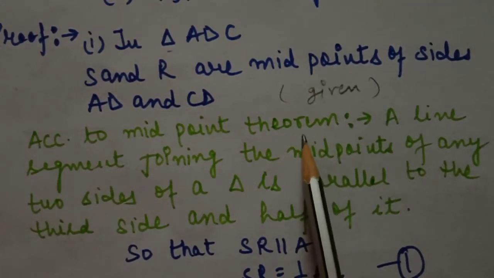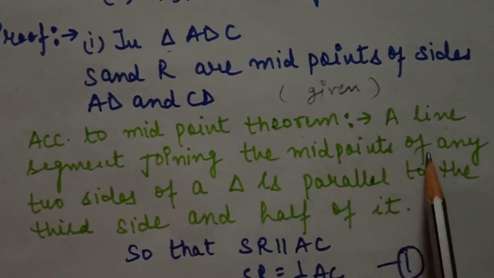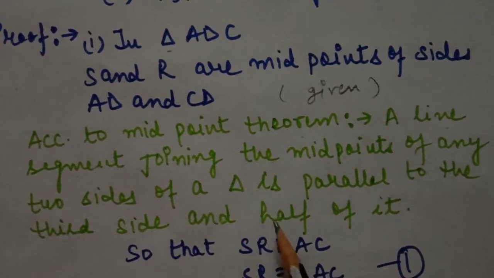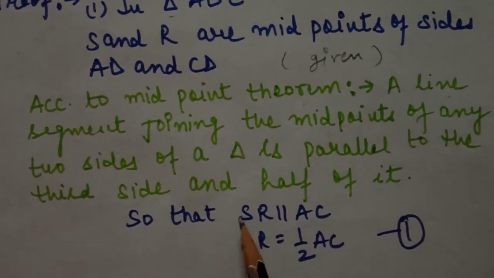It is compulsory also, otherwise your marks will be deducted. A line segment joining the midpoints of any two sides of a triangle is parallel to the third side and half of it. So, because of this theorem, SR is parallel to AC and SR is equal to half of AC. So students, this is your first part.